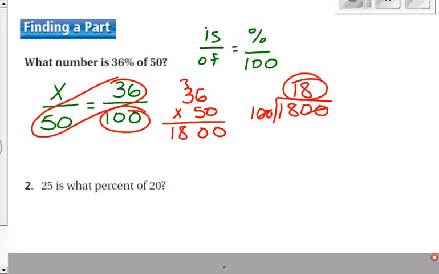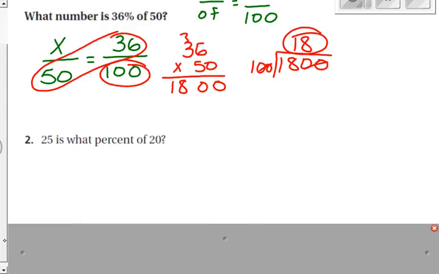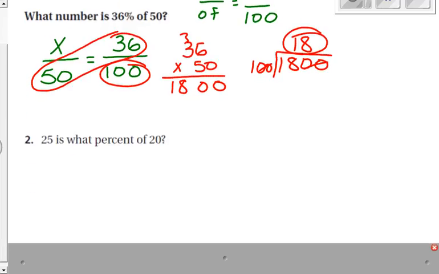The next problem says 25 is what percent of 20? So again, we're going to use our is over of equals percent over 100. It says 25 is, so 25 is going to go on top. What percent? We don't know our percent, of 20. And we know of goes on bottom, so we're going to do that.